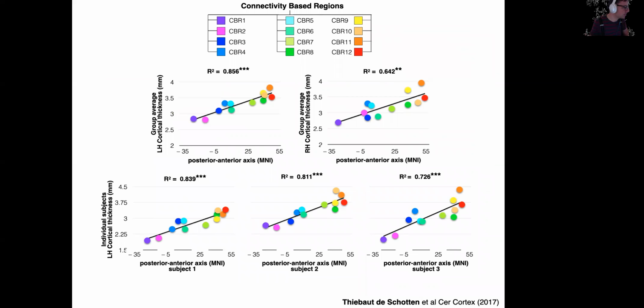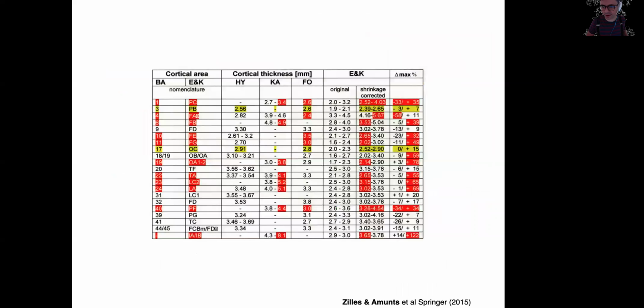Now, if you look at cortical thickness, you see that the further you go toward the frontal pole, the thicker your cortex will be. And this is highly reproducible in the left and the right hemisphere and also in individual subjects. Although we were excited at first, we quickly discovered that cortical thickness derived from structural imaging is not really good.